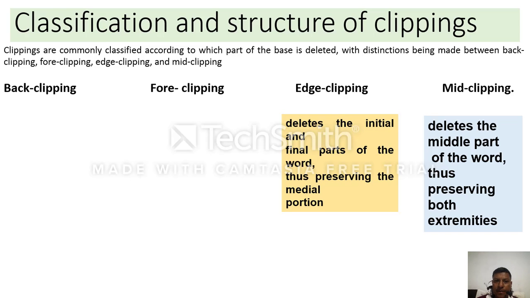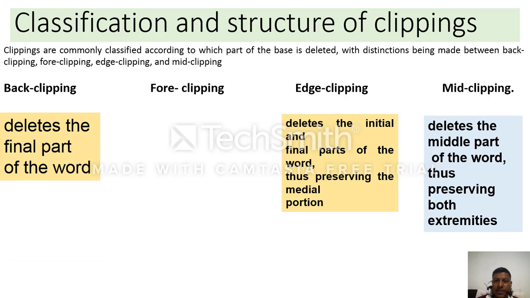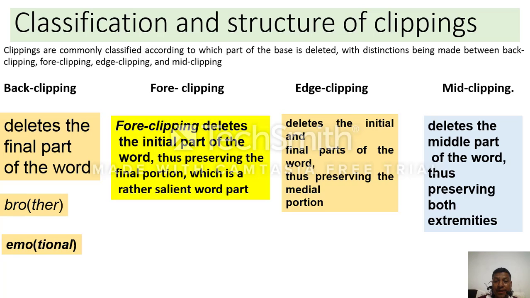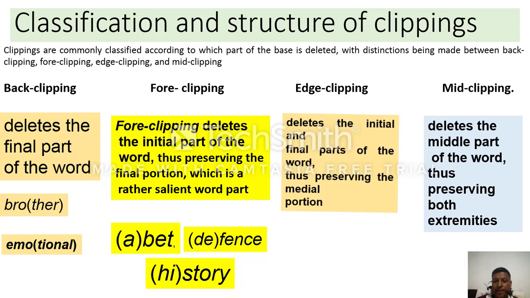Back clipping, fore clipping, edge clipping, mid clipping. Back clipping deletes the final part of the word, for example, brother, emotional. In fore clipping, we delete the initial part of the word. For example, epic, defense, history.